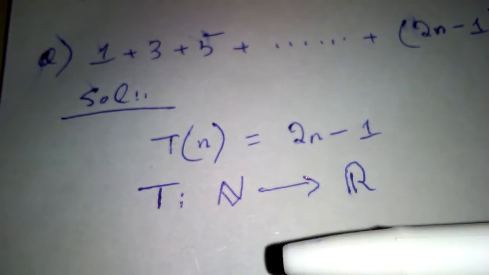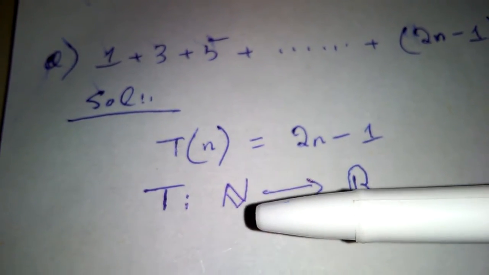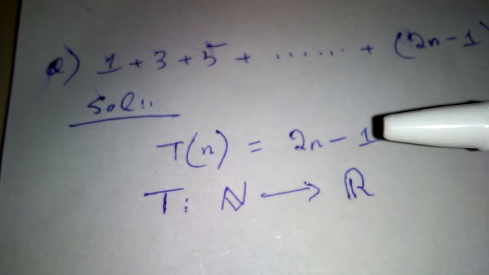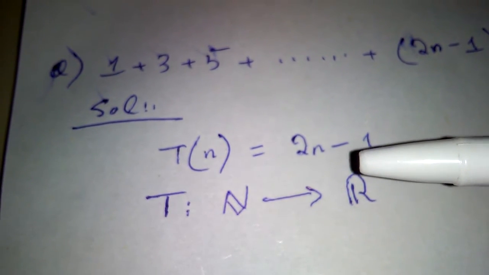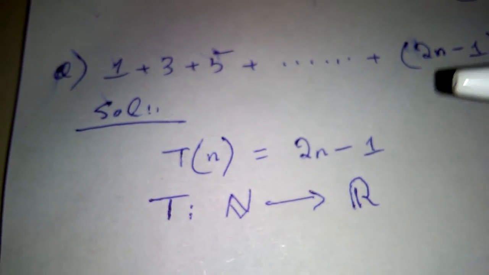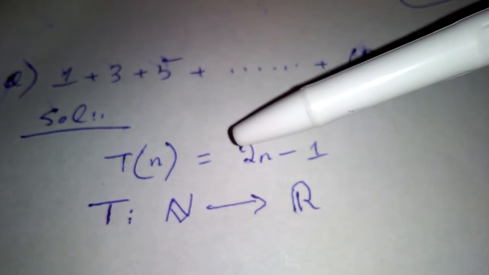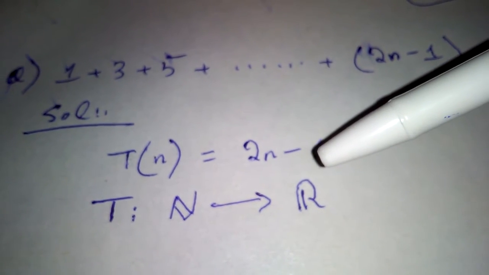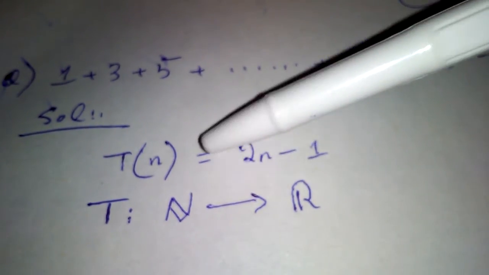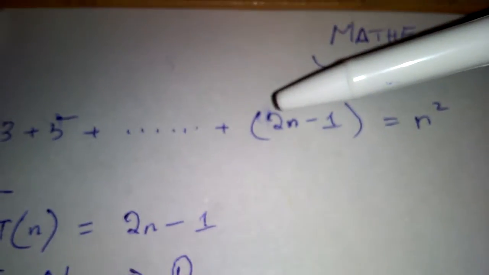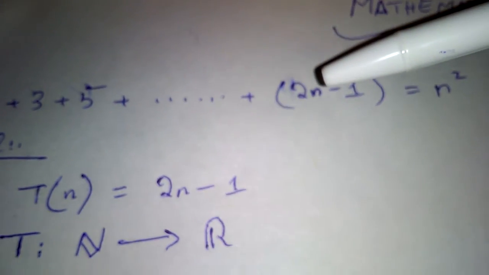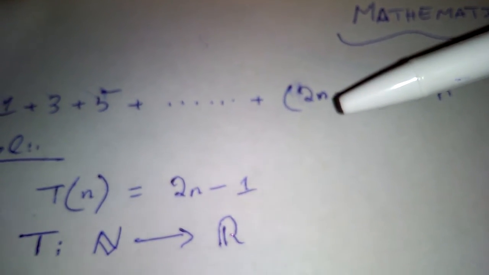This is how we represent the natural numbers notation, and it maps into a range, and the range covers all real numbers. So a sequence actually has a domain containing natural numbers only, and the range is going to be the real numbers. So here you can see that this general form is actually a sequential function.